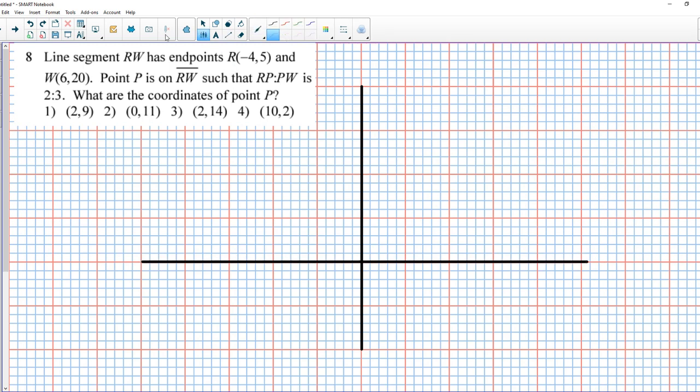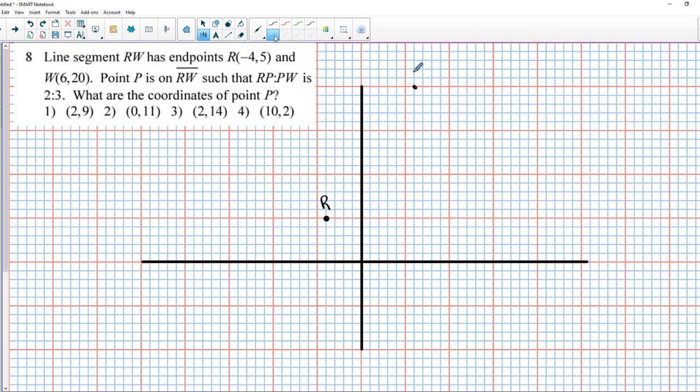Okay, now I am going to graph the points. And R is -4, 5. And W is 6, 20. 5, 10, 15, 20, right there.